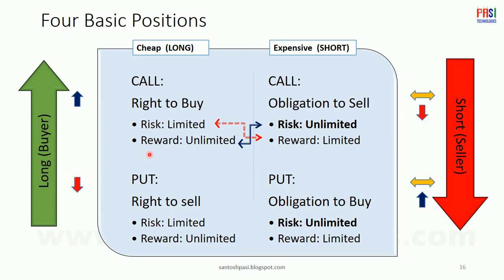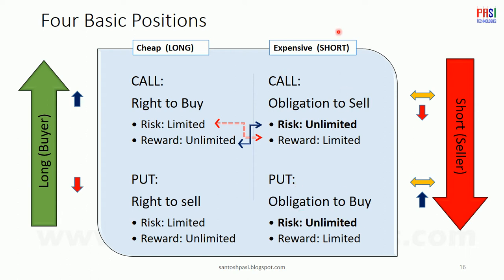Okay. Now here, if markets are cheaper, meaning not the underlying but my options or derivative markets, then we prefer to go for longs. If my derivative markets are expensive, then we would prefer to look for shorting opportunities.